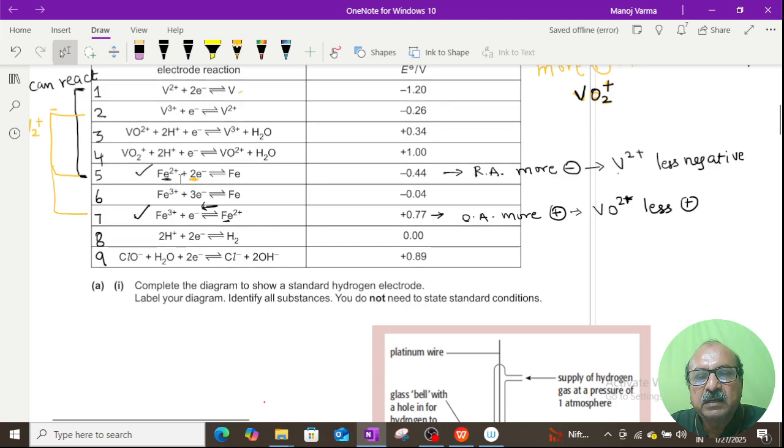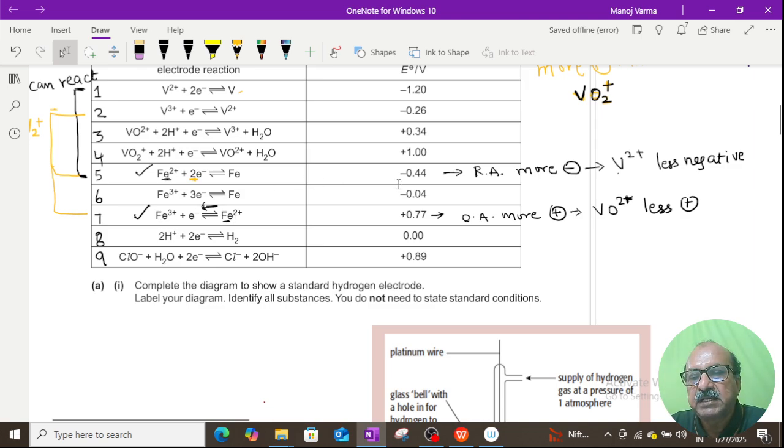So the species can react with Fe2+ in two ways. Either they can reduce Fe2+ to Fe, or they can oxidize Fe2+ to Fe3+. These are the two ways in which Fe2+ can react. Either it can be reduced to Fe, or it can be oxidized to Fe3+.